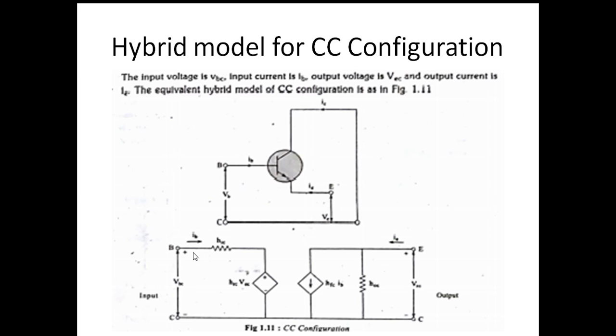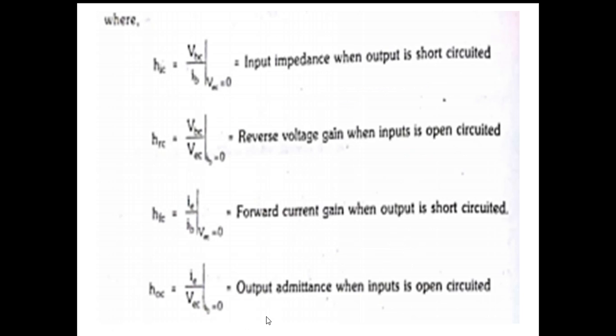This is a voltage drop, plus another voltage HRC VCE, where VCE is the output voltage and HRC is the reverse voltage gain. So this must be a voltage source, a dependent voltage source, which depends on the output voltage. This is developed by using the first equation, that is the input voltage equation.